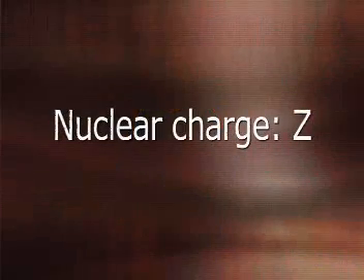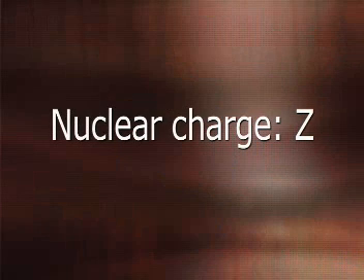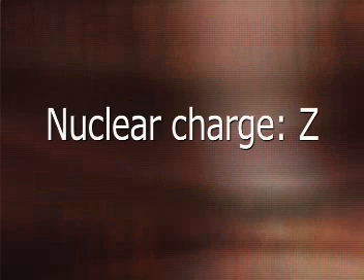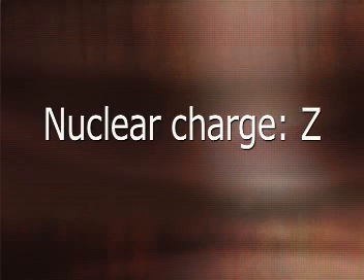Thus, it is often possible to determine the number of valence electrons an element will have based on its group number. The nuclear charge and the effective nuclear charge both can be used to explain the periodic properties of the elements.